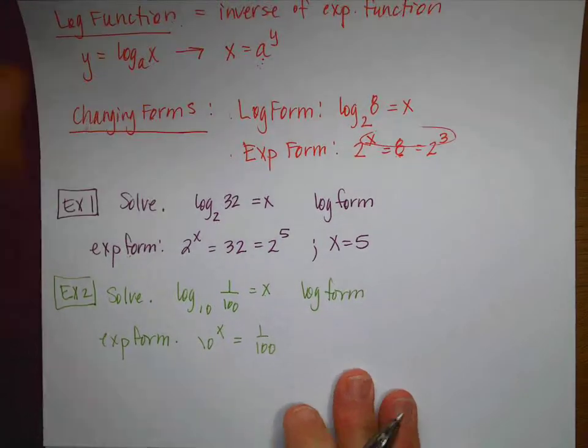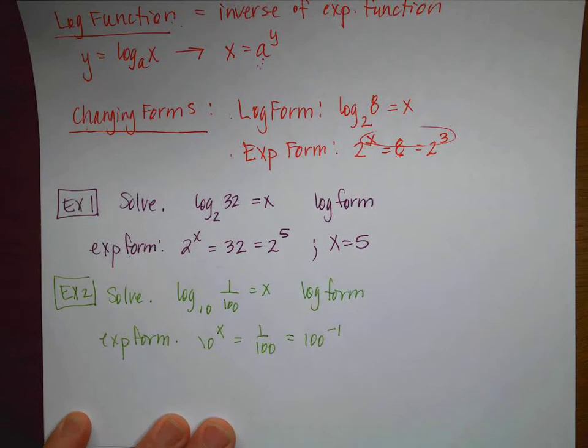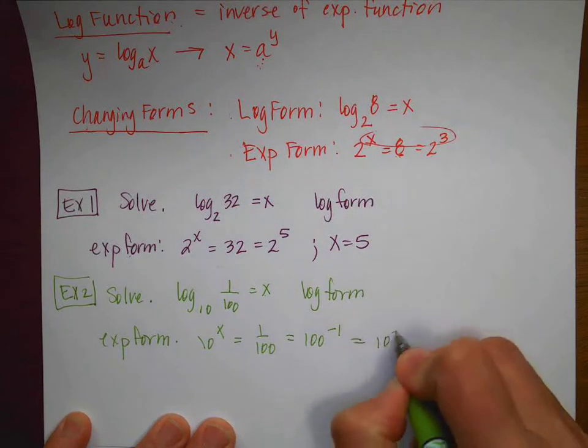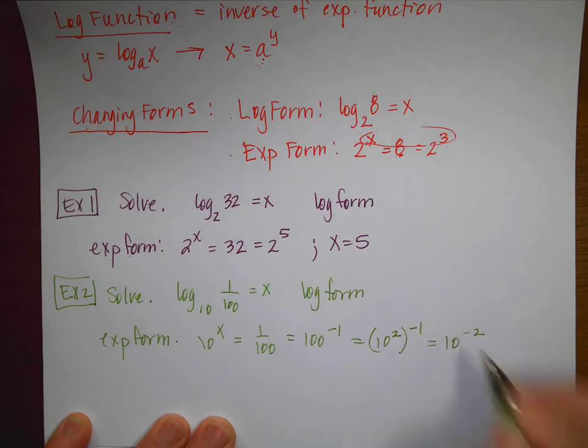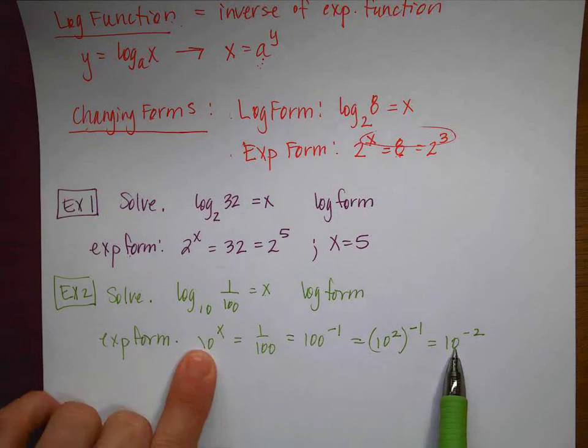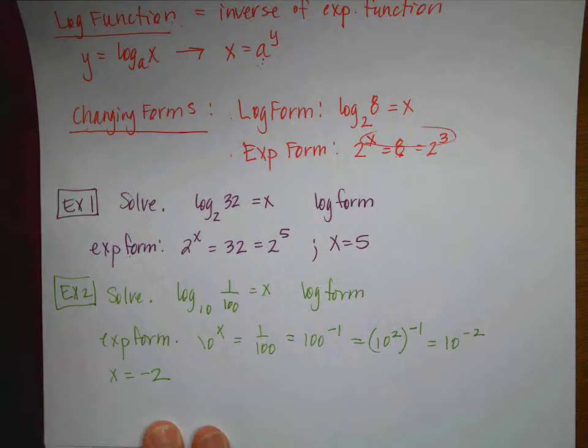Move it up so you can see it better, my bad. 1 over 100 is 100 to the negative 1. 100 is 10 squared raised to the negative 1, so this is 10 to the negative 2. Now the 1-to-1 property kicks in because the bases are the same, and I get x is negative 2. So that's actually pretty simple.